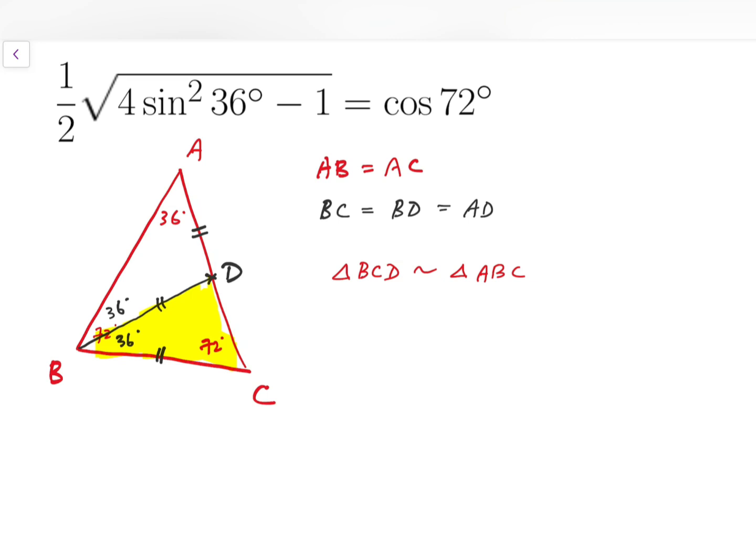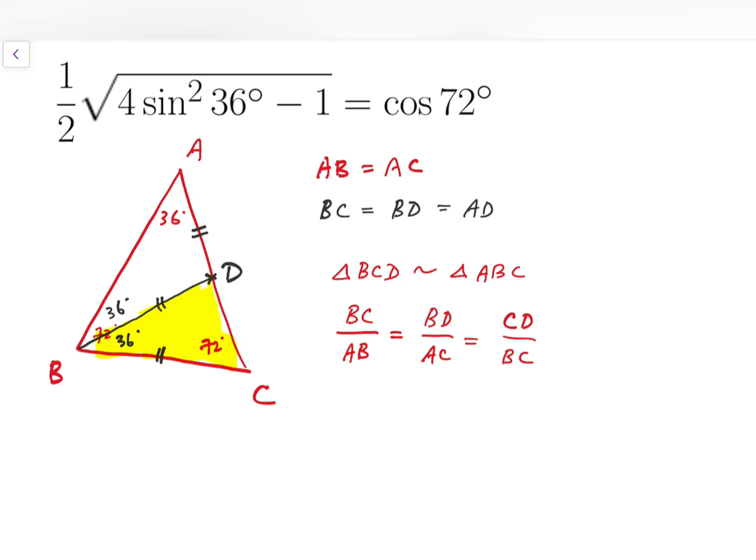Now from this, we can look at the ratios of the corresponding sides, which is BC over AB equals BD over AC and CD over BC.